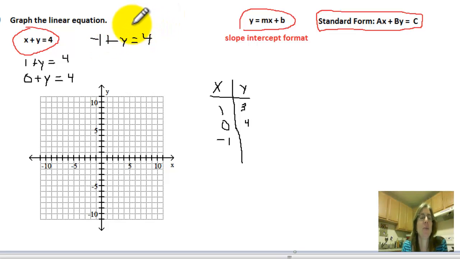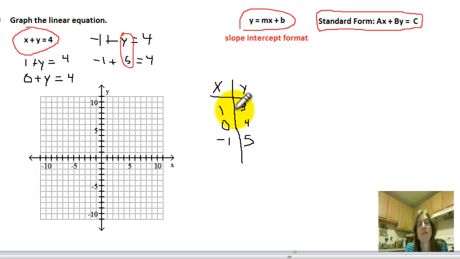Well, I have to add a large positive number. So negative 1 plus 5 will equal a positive 4. It's weird, but our y value is then 5.